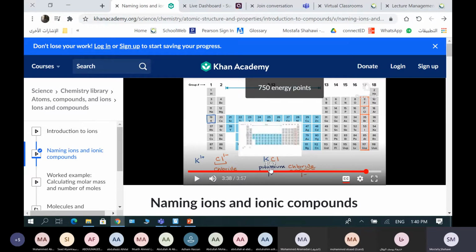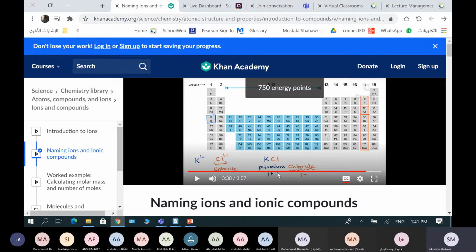The cation name is the same as the original name of the element. That's because we already changed the name of an ion. We don't need to change the name of the potassium ion, because by knowing this is an ion, for sure this would be a cation. Do you understand, guys? So there is no need to change the name of the positive part.